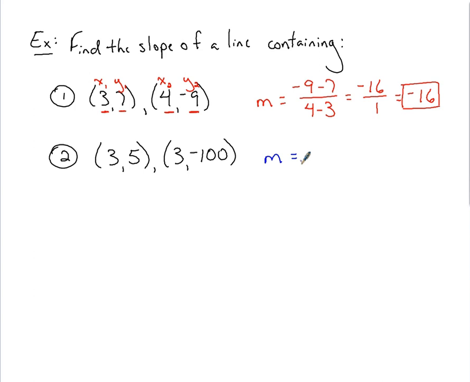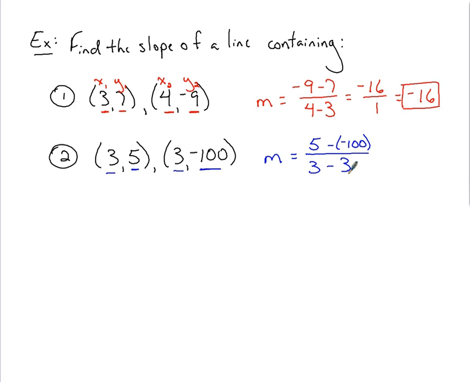So first point, y is 5. Second point, y is negative 100. I'm placing that over, being consistent from point to point here. Subtracting my x's from first to second, obviously it's not going to matter because they're both the same.